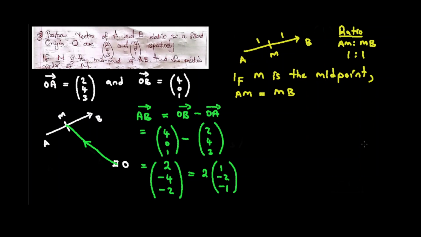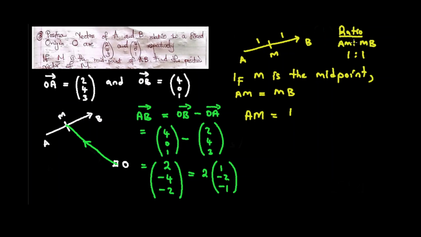That is what a midpoint means. So if we want to find the position vector of M, let us use AM. AM is equal to what? Let us look here. What is the share of AM? Looking at our ratio, we see that it is 1.